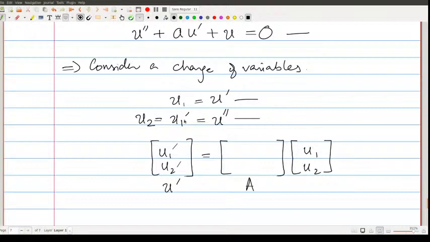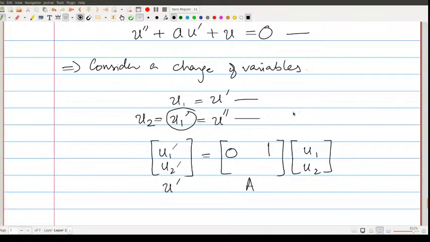So u1 prime is simply u2. Sorry, I've done this incorrectly.